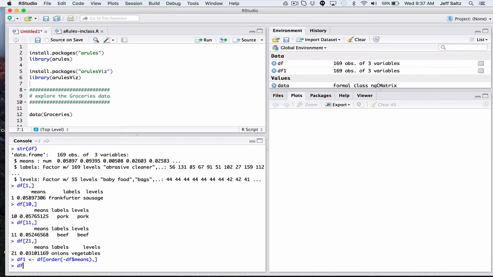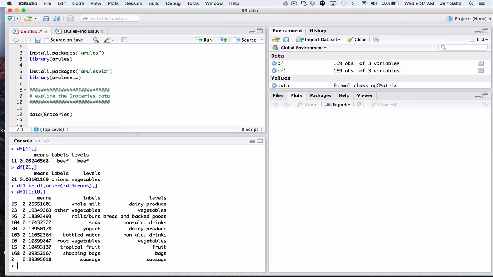Let's take a look. As we can see, it's sorting based on the mean. We said order it based on that. So we just have an ordered list of the items that occur the most, and then we have what the label is and the higher level description of it.